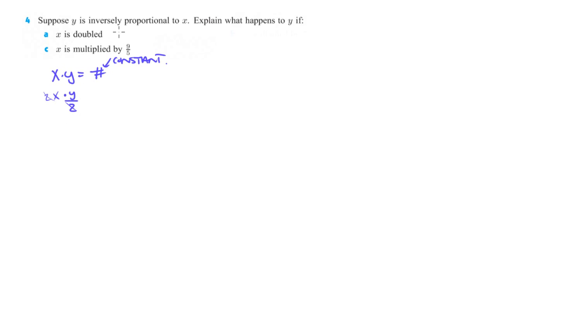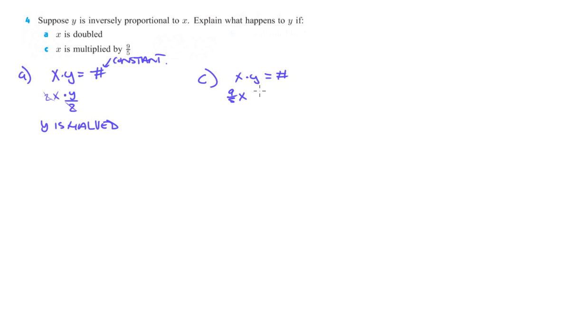So what happens when x is doubled? For a, y is halved. Okay, or divided by 2 is fine, I suppose. Okay, so for C, if x is multiplied by 9/5, we have x times y equals some number, and again, that's a constant number. So x is multiplied by 9/5.